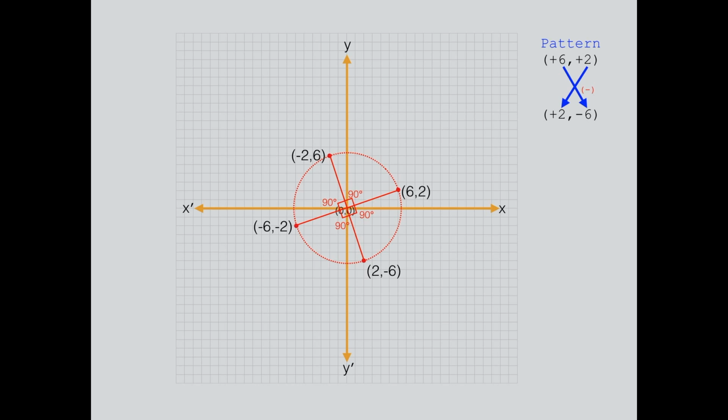And as you can see, if we just negate the 6 and the 2, we have negative 6, negative 2, and it's placed perfectly at a 180-degree angle, clockwise or counterclockwise anyway, from 6, 2.